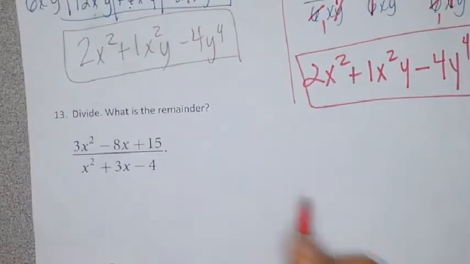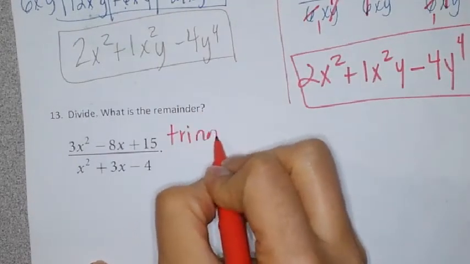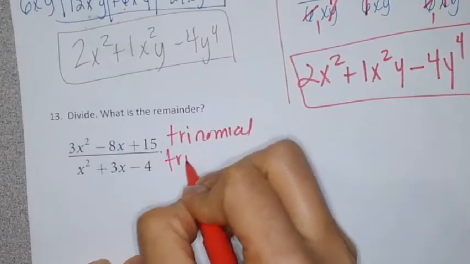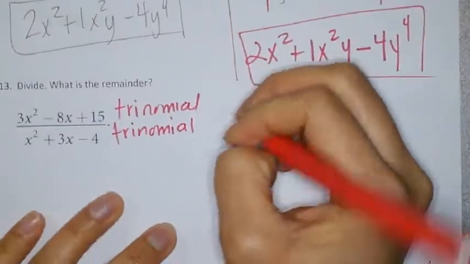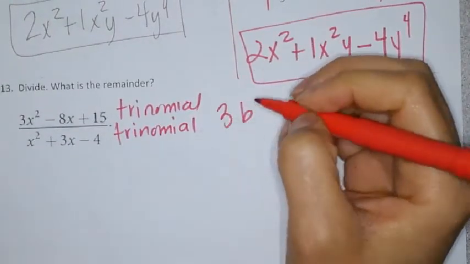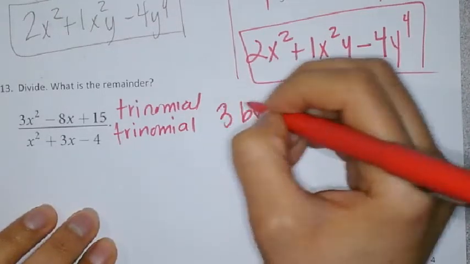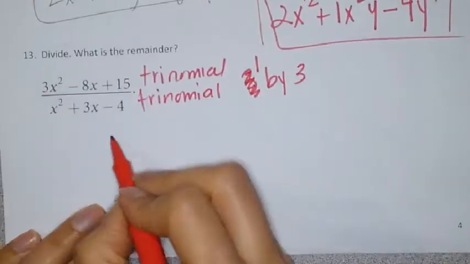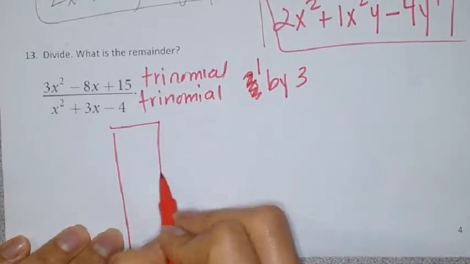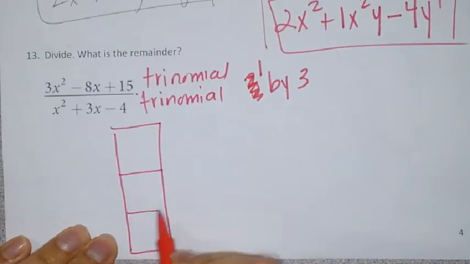And the last problem is this. I have trinomial by trinomial. So that means I have a 3 by 1 box. Or a 1 by 3 box, sorry. 1 by 3 box. So it's a long, skinny box if it's trinomial by trinomial.